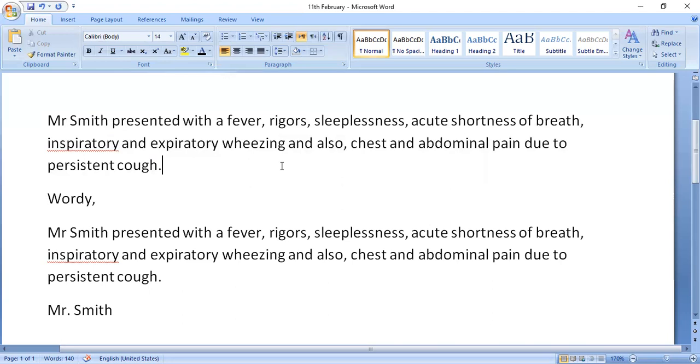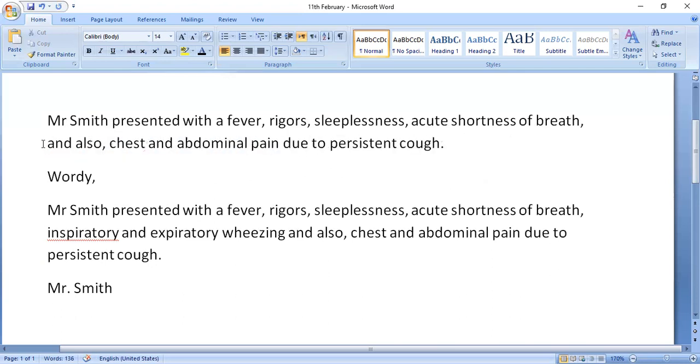First part is symptoms, then we go for examination, and then we go for treatment and investigations. Okay, so if we remove this part, inspiratory and expiratory wheezing, let us keep it in the next sentence when we are writing examination.